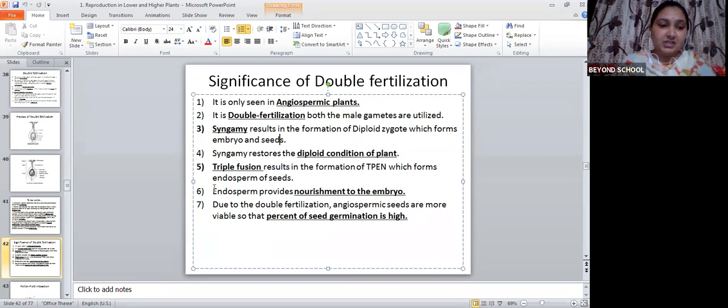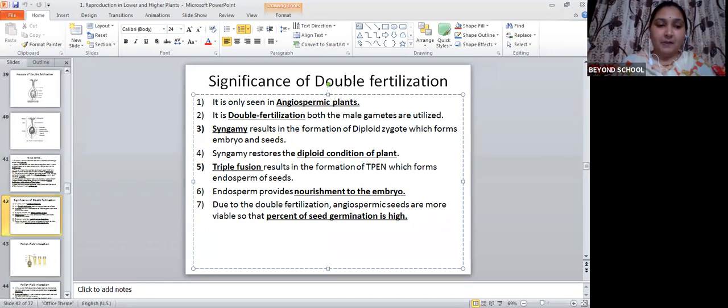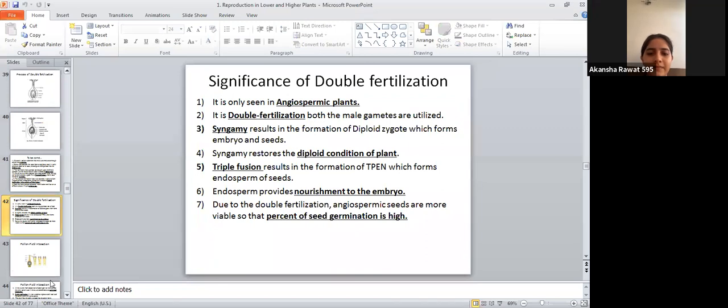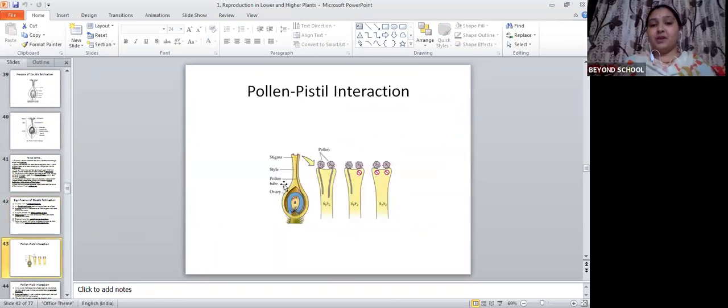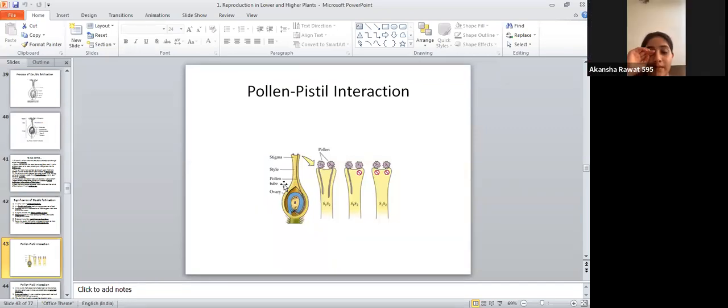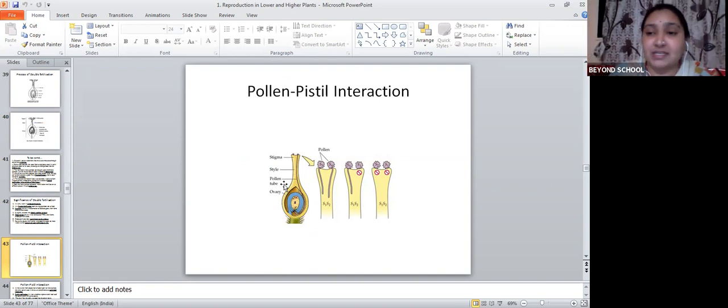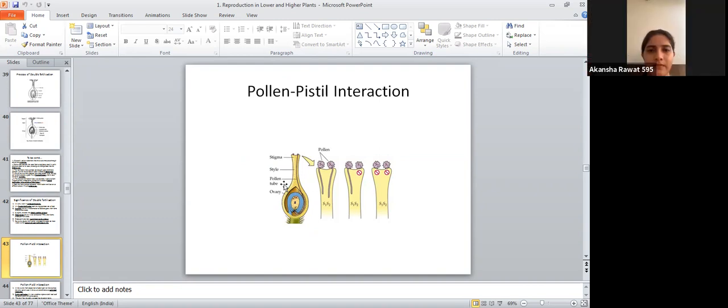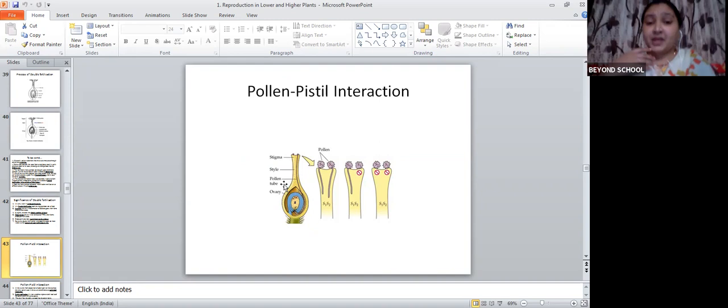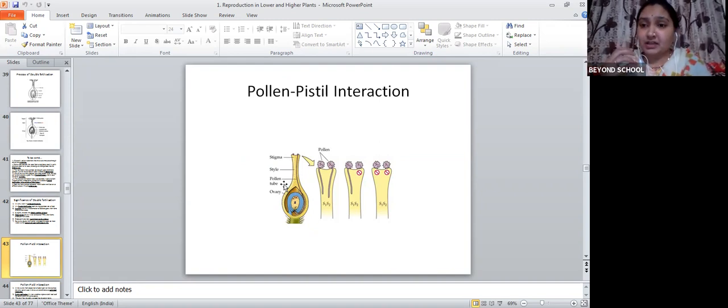All right, Akansha, till here you have understood. Now let us move towards a further topic which is called pollen pistil interaction. In this, you will see that there are pollen grains, and these pollen grains are deposited on the stigma.